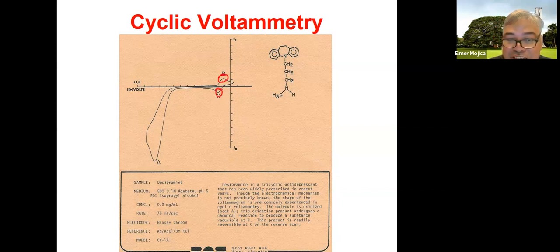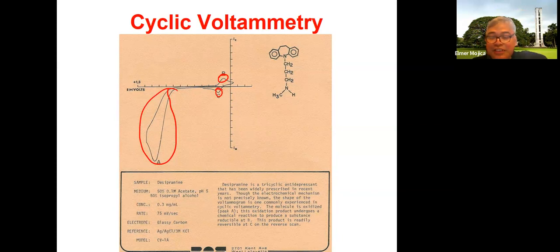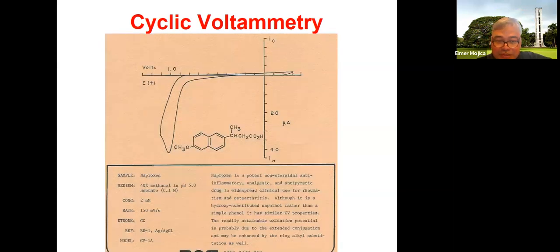Okay, this one we could say the same, but that means you have an intermediate that produces this peak. So usually it's a product of oxidation because it is produced on the anodic current peak. And then we have this one. So naproxen. Are you familiar with naproxen?